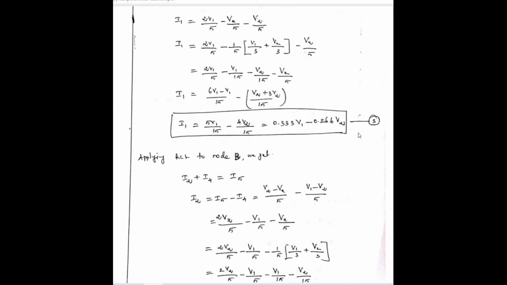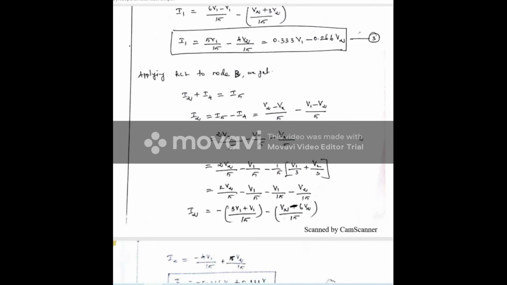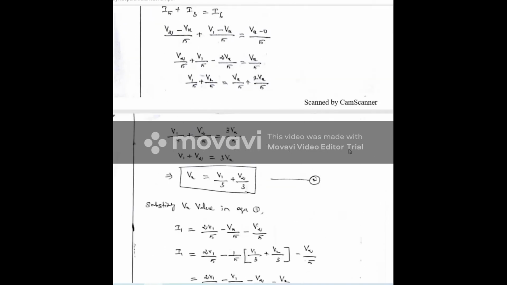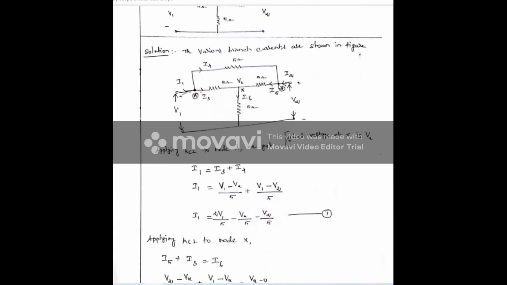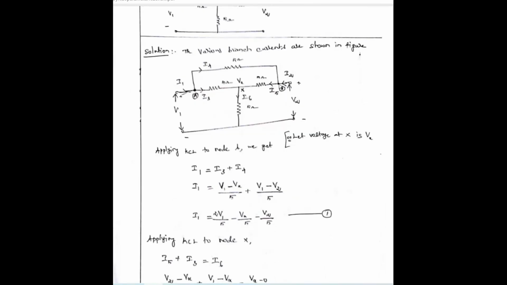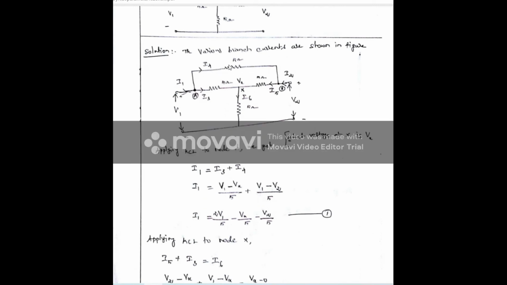Similarly, we have to obtain the second Y parameter equation. The second Y parameter equation is I2 in terms of V1 and V2. In order to determine I2, we write a KCL equation for this node B. So apply KCL to node B. For node B, I2 is an incoming current, I5 is an outgoing current, and I4 is an incoming current.